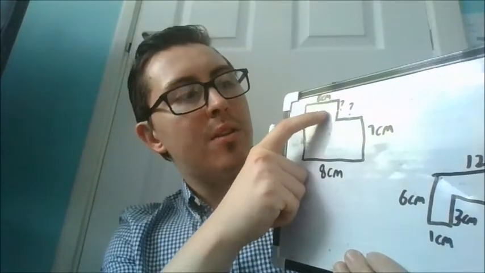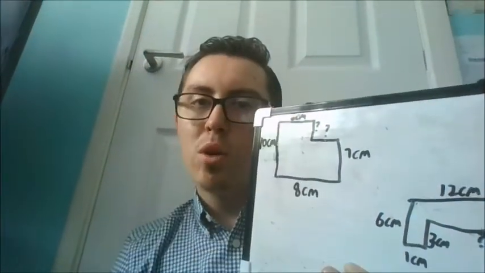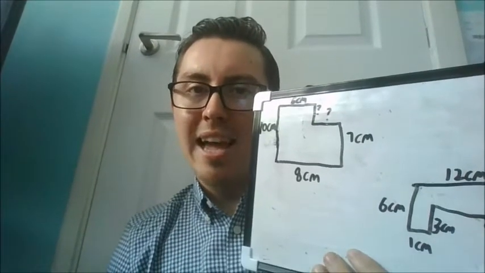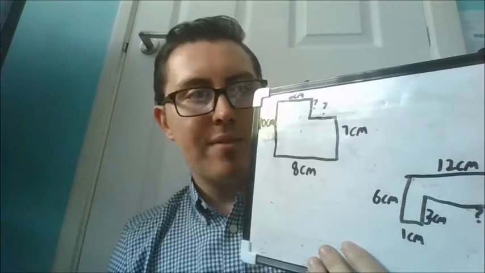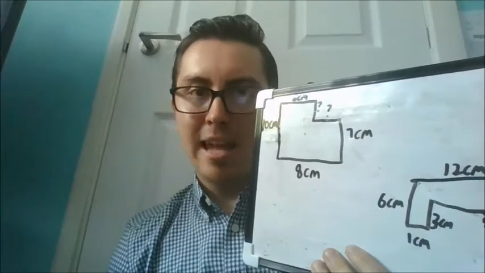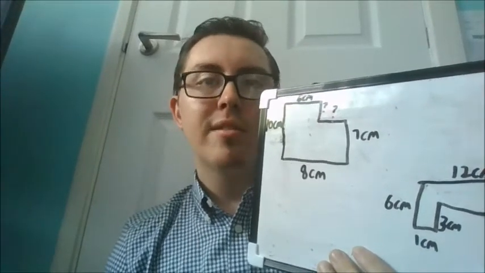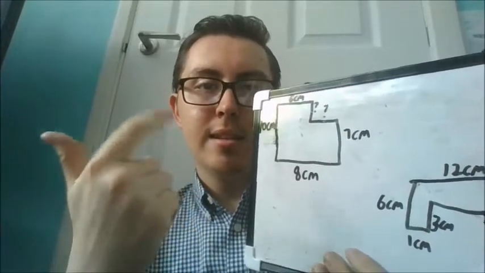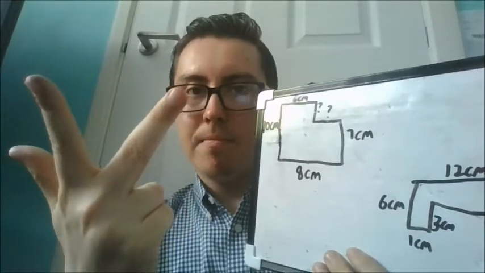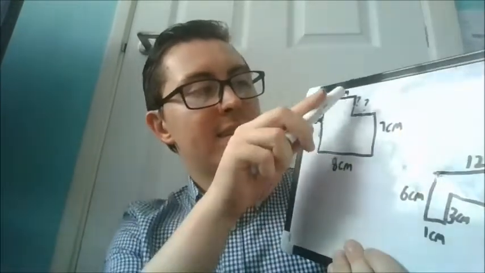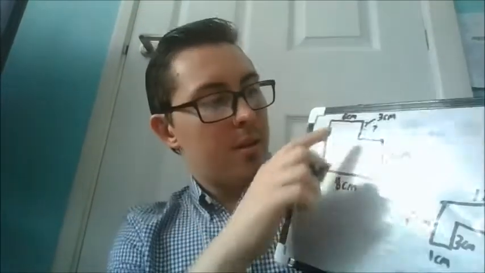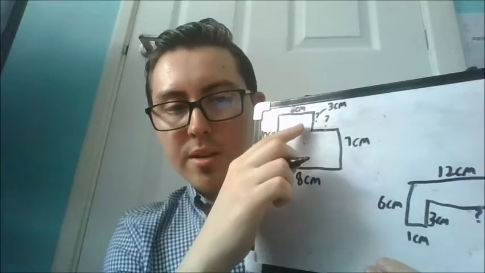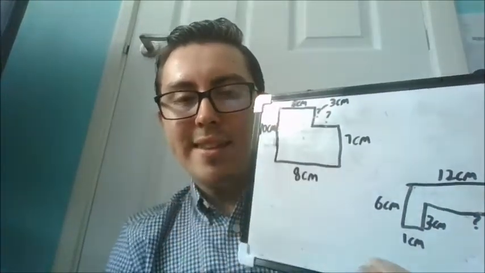So to work out what this length is, we have to work out how many centimeters we have to add to 7 to make 10. Let's count up from 7 to 10. 7, 8, 9, 10. So 3 centimeters. Let me draw a line. This question mark is 3 centimeters.